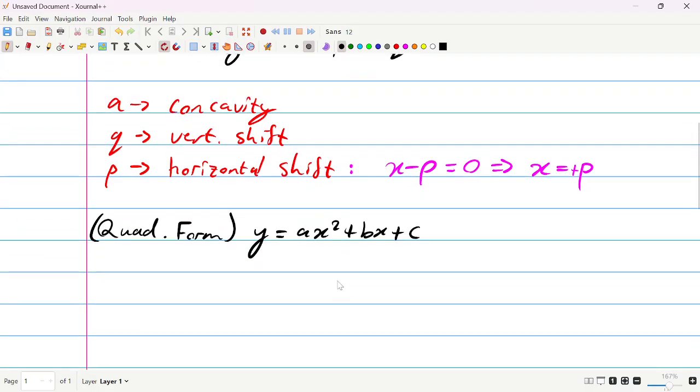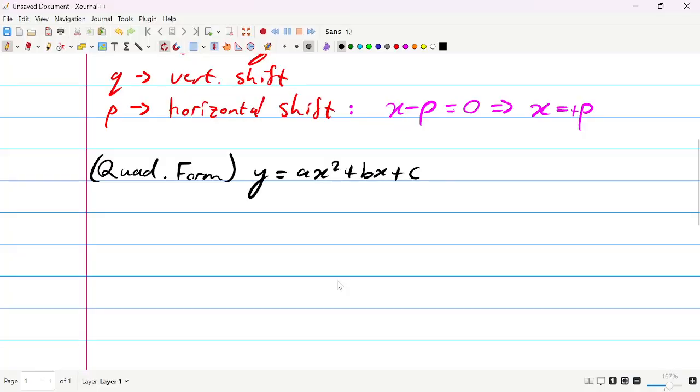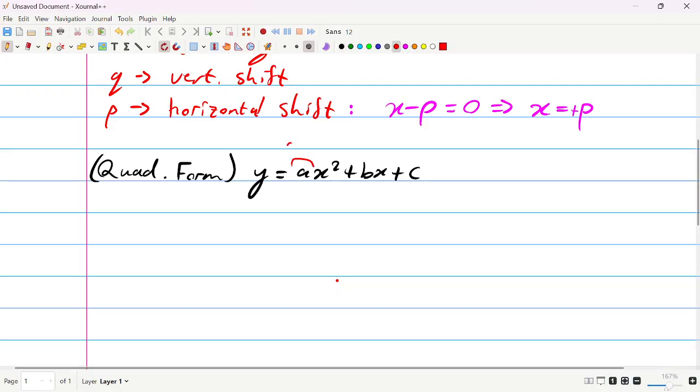Okay? So from here, our a still represents concavity. But the c represents what? Our y-intercept. Okay, so those are the two takeaways for this specific form.